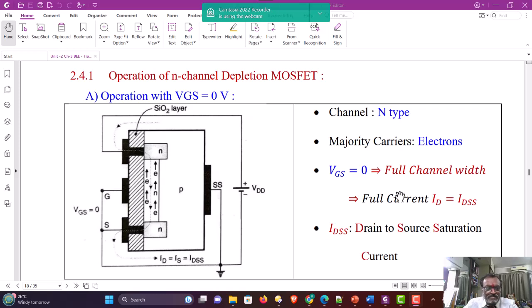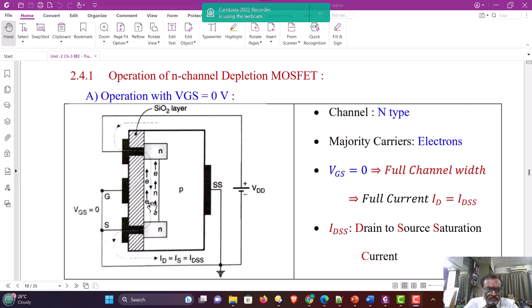Let us consider the operation with gate to source voltage 0, means gate is shorted to source. When gate is shorted to source, it means nothing is connected or gate is grounded. Here in the channel it is N type of material. The upper island is also N type and lower island is also N type.